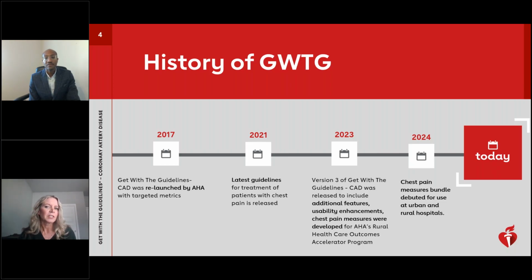And also chest pain measures were introduced for the first time as part of AHA's Rural Healthcare Outcomes Accelerator program. In 2024, a chest pain measures bundle, adapting those that were created for the Rural Health Outcomes program, were debuted for use at all sizes and types of hospitals.